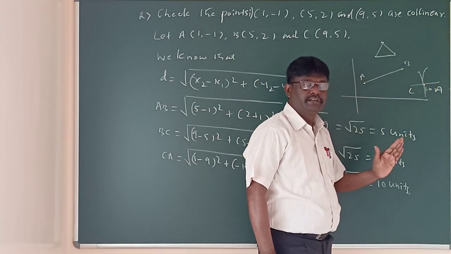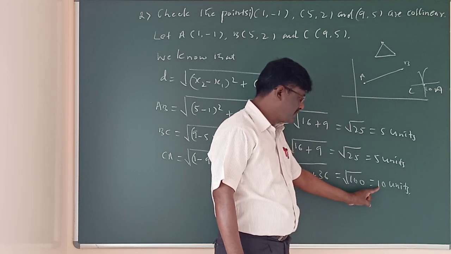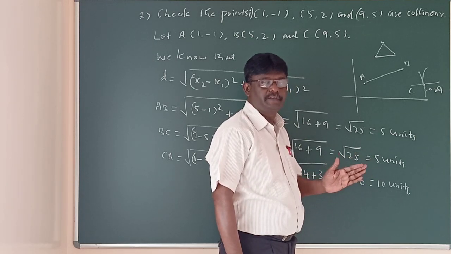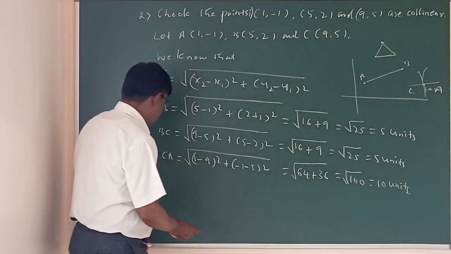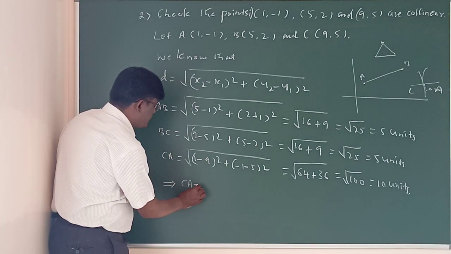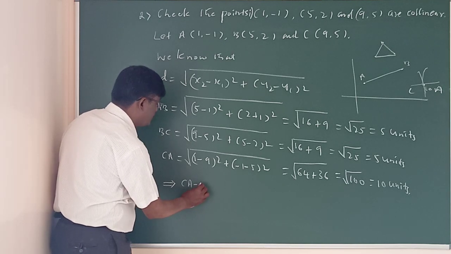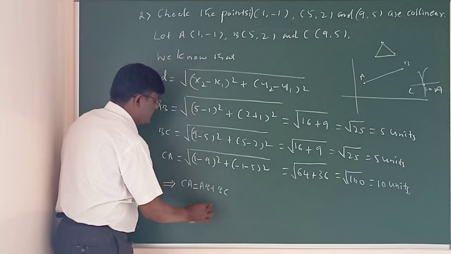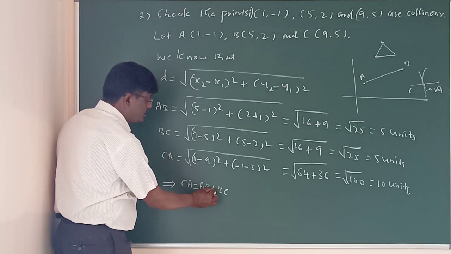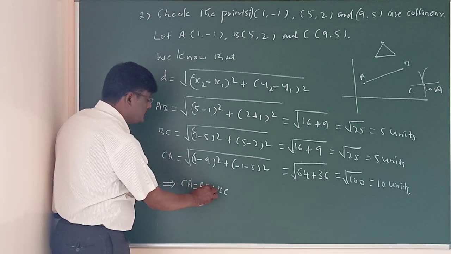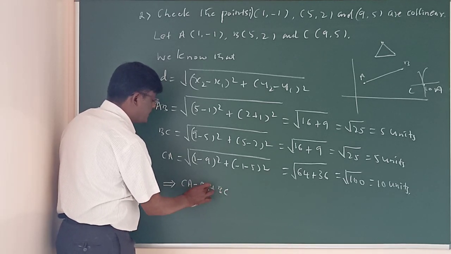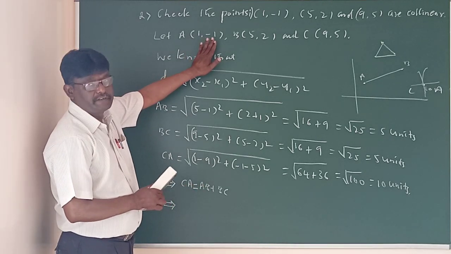Hence, whenever the length of one side is equal to the sum of the lengths of the other two sides, those 3 points are collinear.